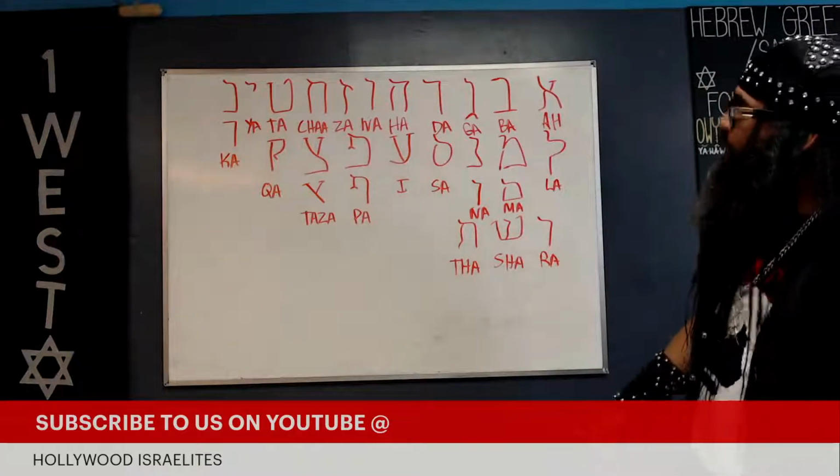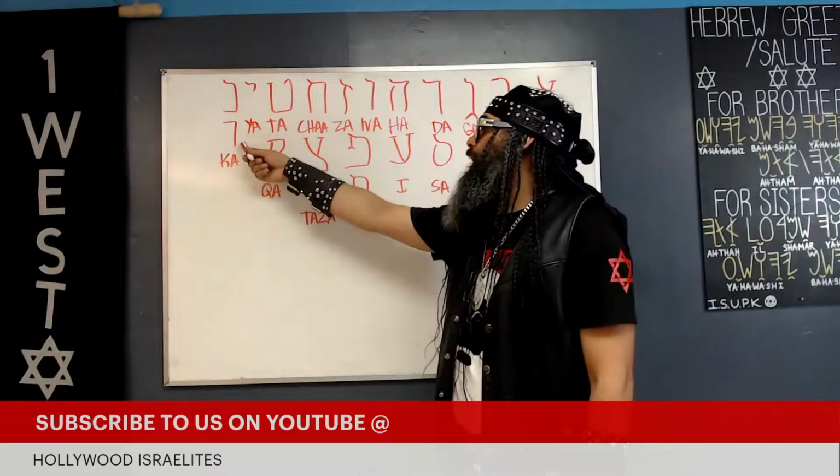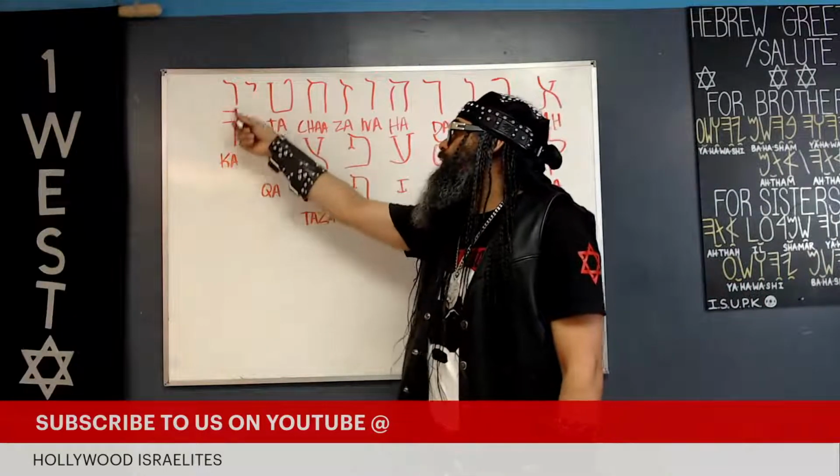Same thing as in the Hebrew. The only thing is that in the Assyrian, there are double characters. So for the Ka, you have a double character.